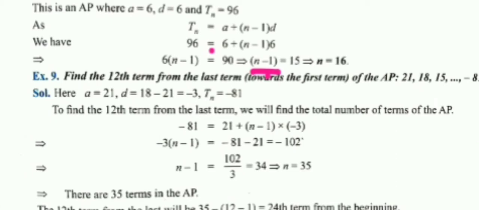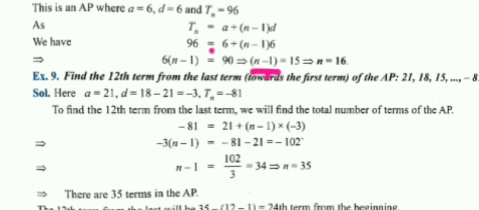Find the 12th term from the last term towards the first term of the AP 21, 18, 15 and up to minus 81. So students, here our first term is 21 and the nth term is minus 81. That is our Tn, okay?